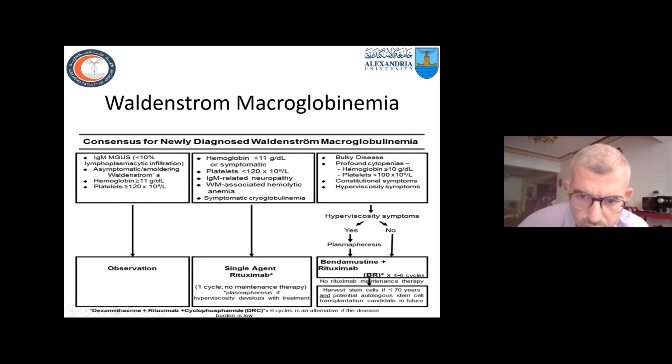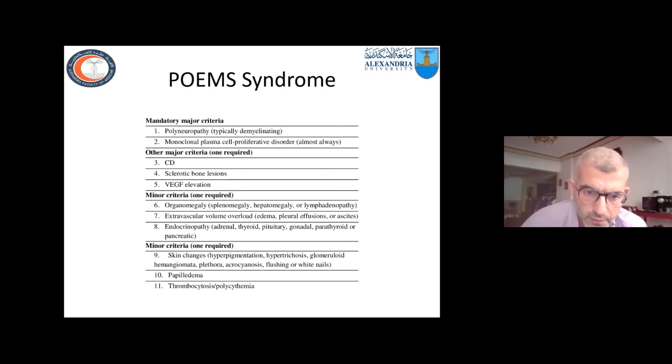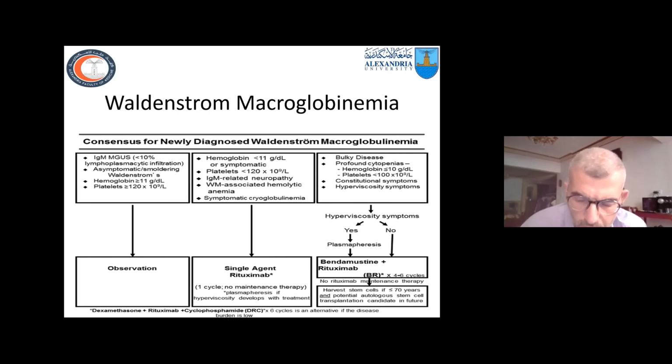So usually we start with the plasmapheresis and we give 4 to 6 cycles of bendamustine rituximab, and we harvest his stem cells for potential autologous transplant, because as we all know, for all the plasma cell dyscrasia patients, mainly the multiple myeloma, the symptomatic plasma cell dyscrasia, we usually offer them auto-transplant in order to control their disease.